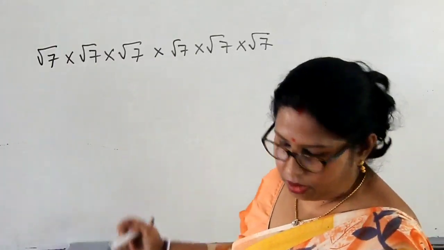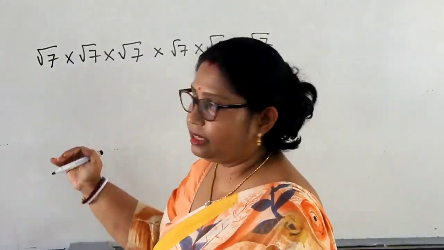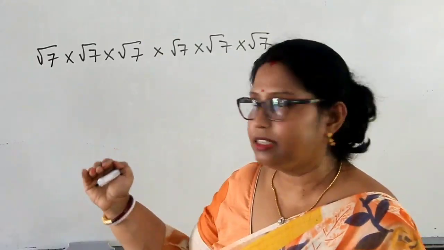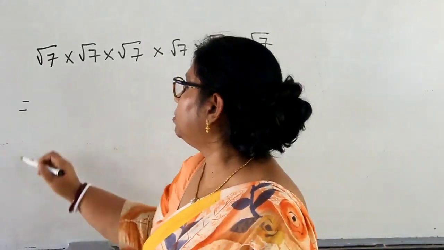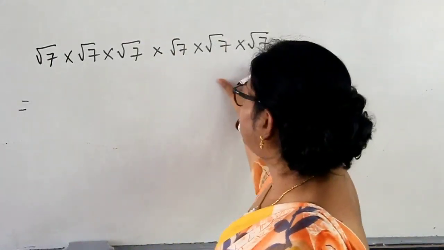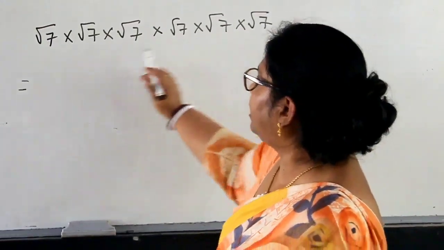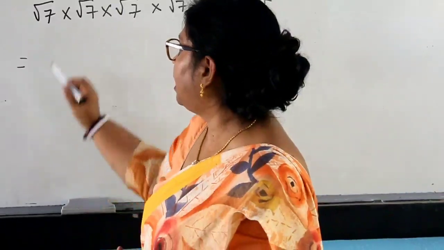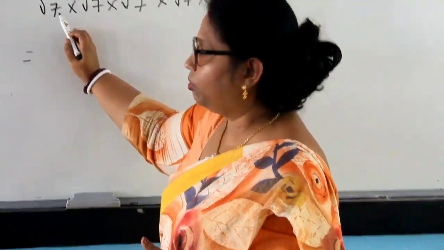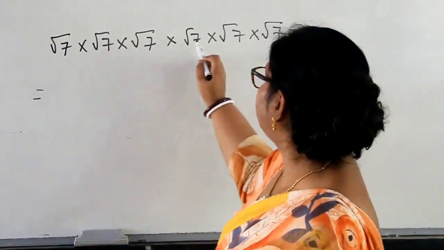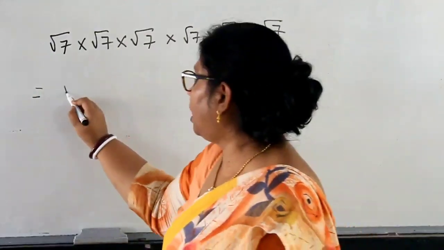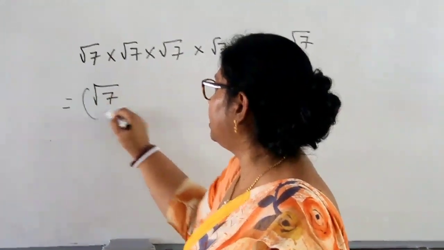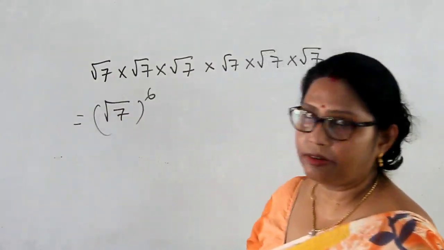So you have to express it in exponential form. I have to check how many times root 7 is multiplied with itself. I can count here 1, 2, 3, 4, 5, 6. So I will write root 7 whole to the power 6.